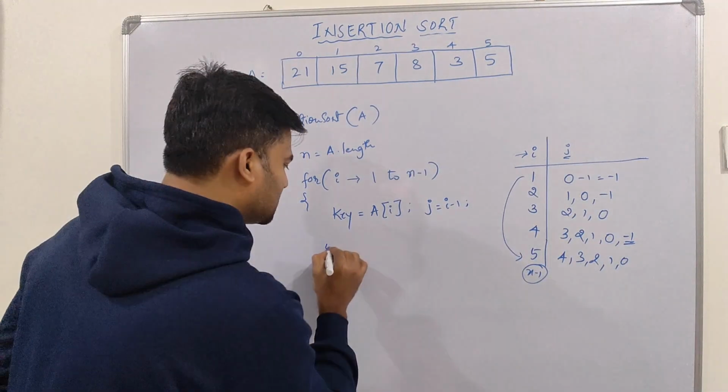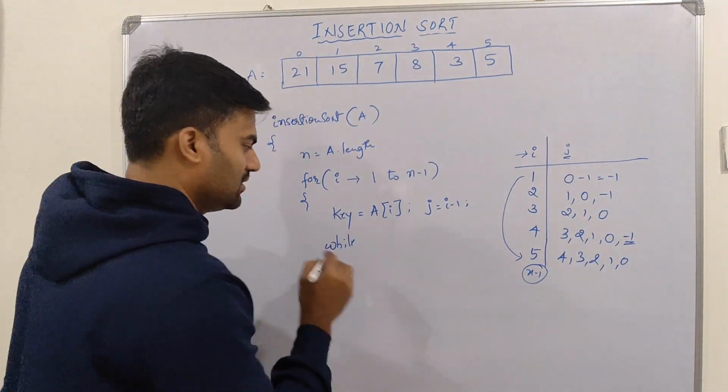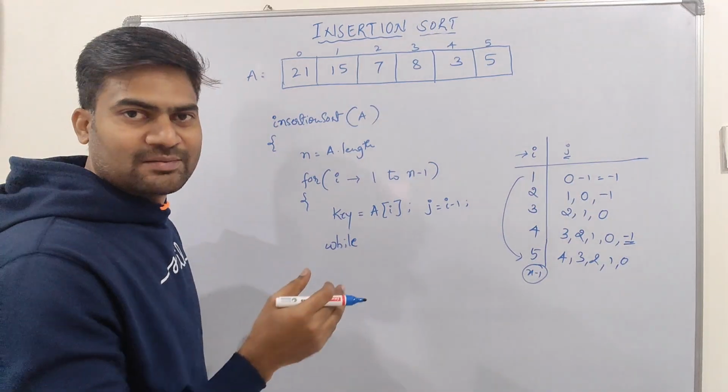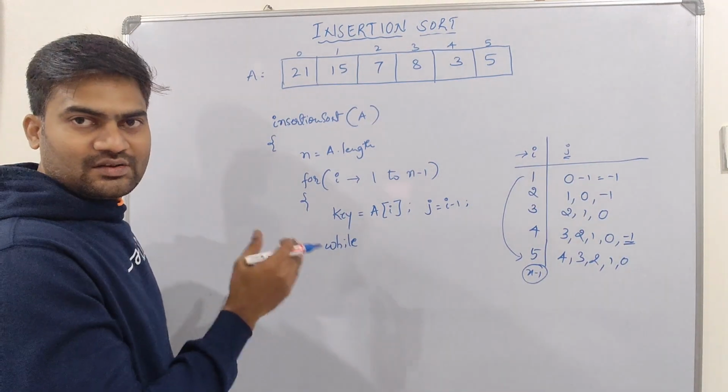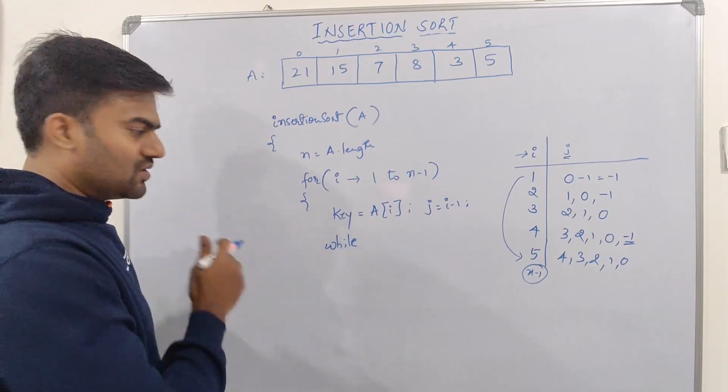Okay, now let us take a while loop. Because we want to replace elements unless we get a smaller element, or until the j pointer exhausts the array.